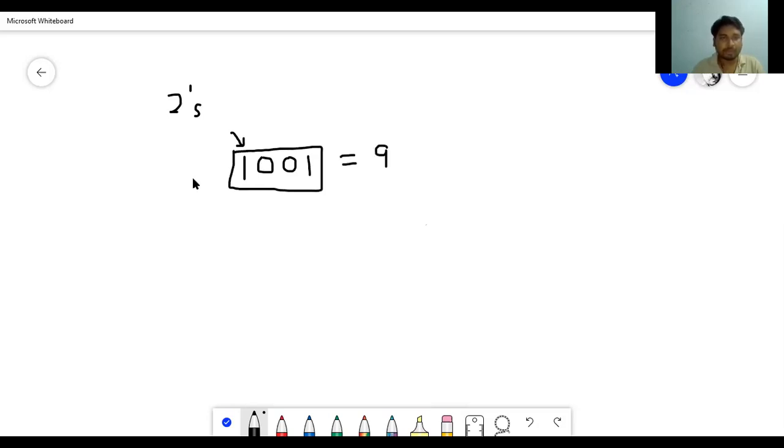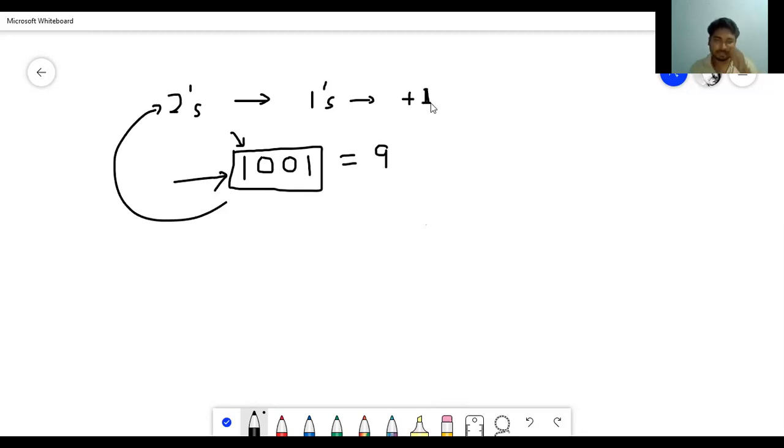So how are we going to represent this binary number as a negative number? We have to follow the procedure of the 2's complement form. Before doing the 2's complement, we have to do the 1's complement first. After doing the 1's complement, we have to add 1 at the LSB side.